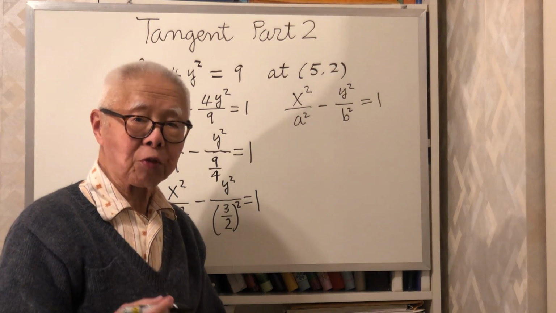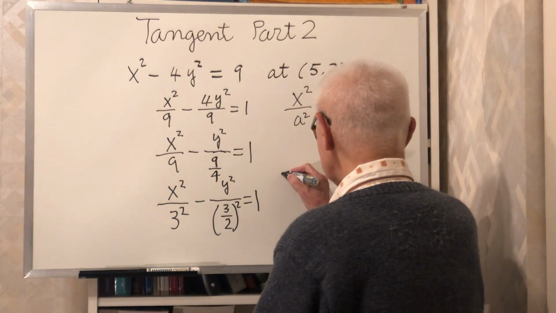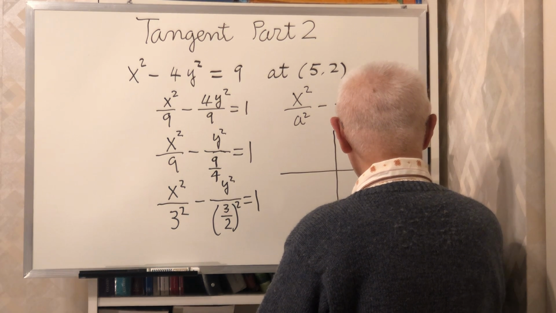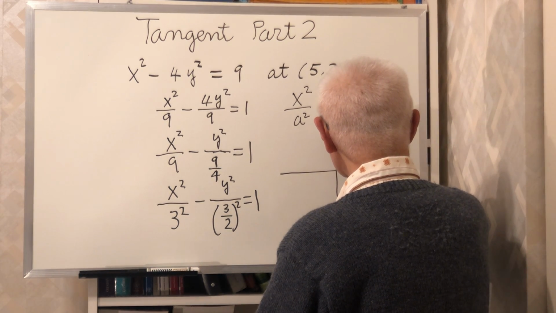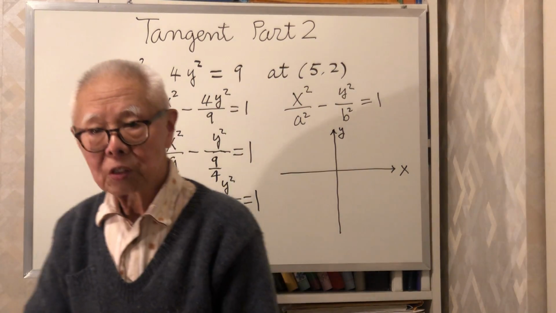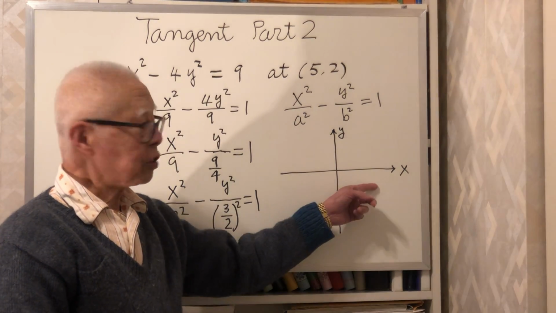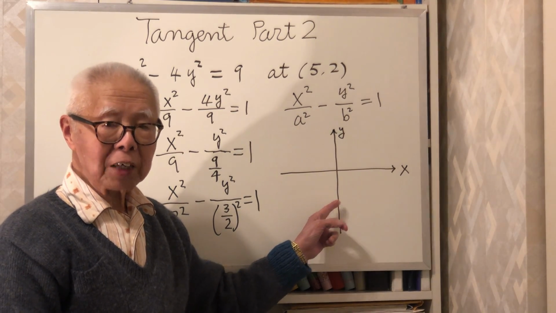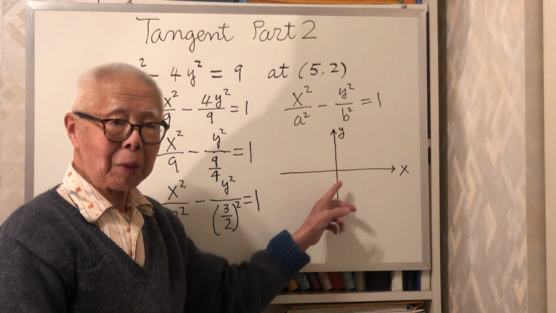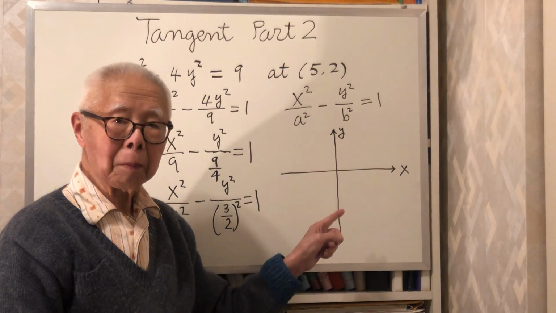Once you have the standard form, then you can graph this. You have the x-axis and y-axis. On the x-axis, you mark down plus a and minus a. On the y-axis, you mark down plus b and minus b.